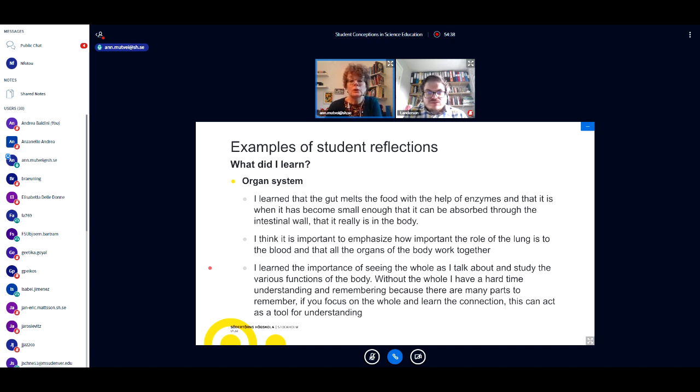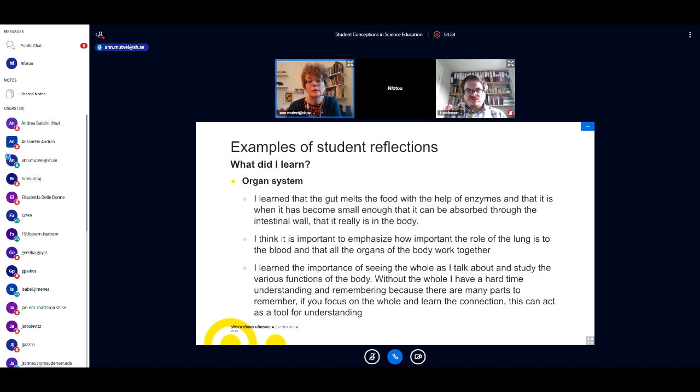I learned the importance of seeing the whole, as I talk about, and I studied the various functions of the body. Without the whole, I have a hard time understanding and remembering, because there are many parts to remember. If you focus on the whole and learn the connections, this can act as a tool for understanding.